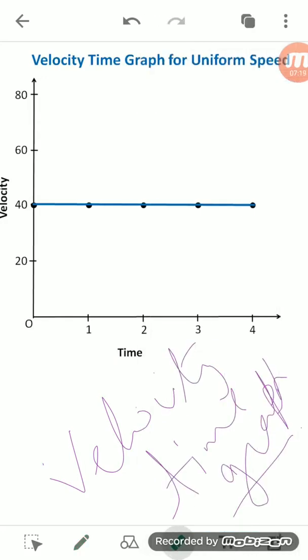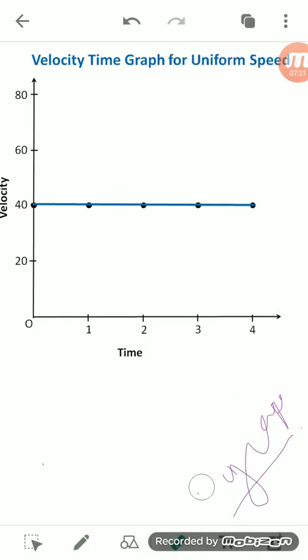Now we will start with the velocity time graph at a uniform speed, or the speed time graph when the speed remains constant. By saying that the speed of the body is constant or uniform, we mean that the speed does not change. Here it is written velocity, doesn't matter.